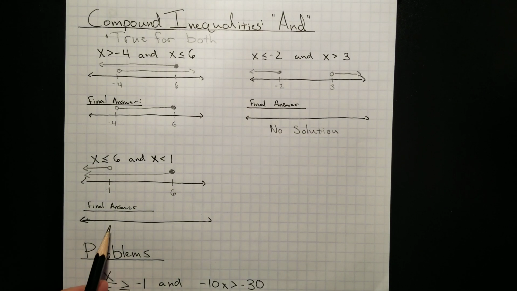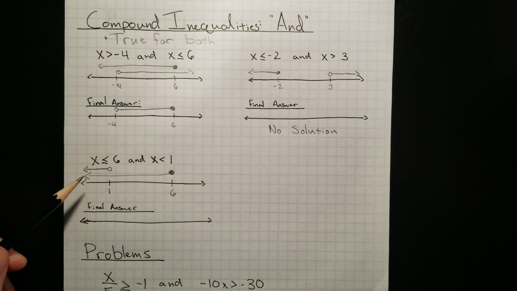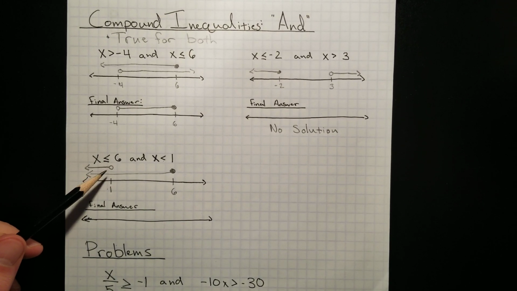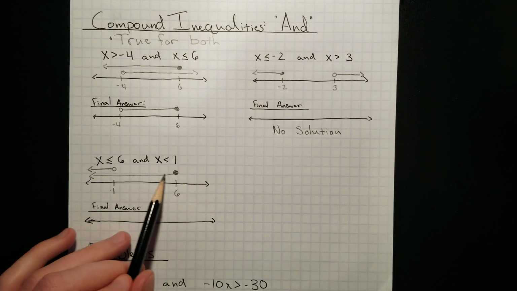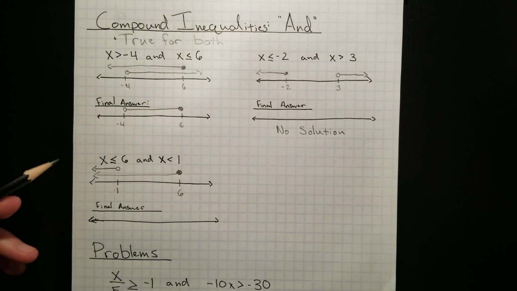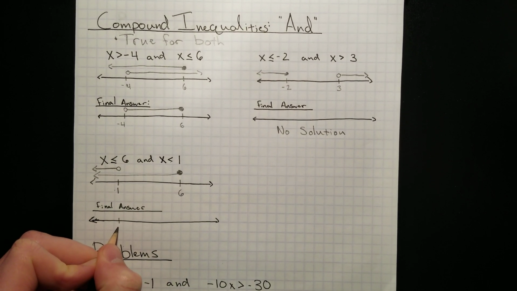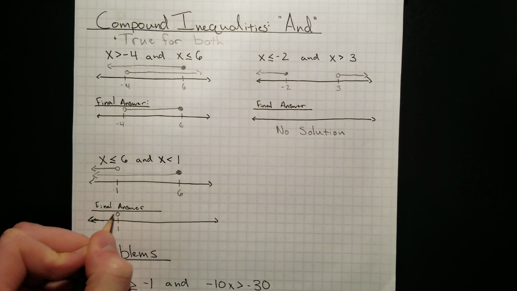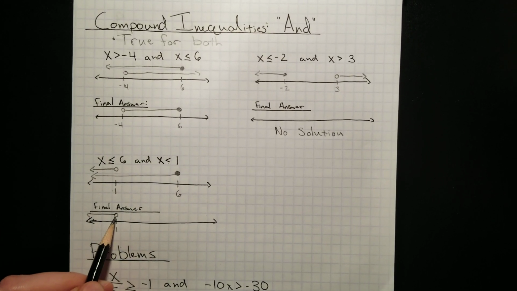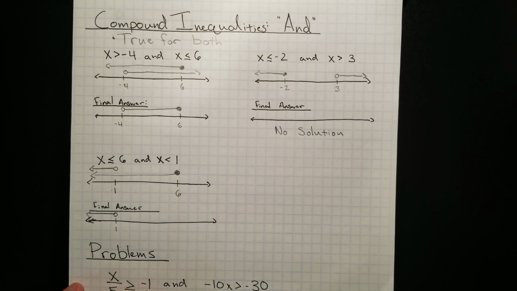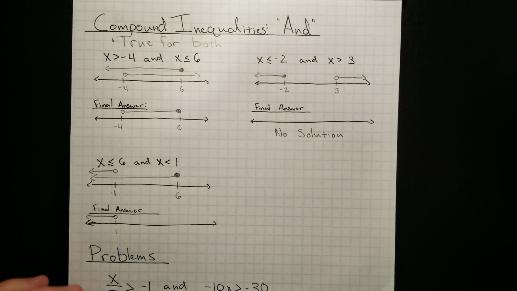In this case, we are going to figure out which part of this line is going to be true for both. So again, we want to figure out where they are crossing. Well, they don't cross here. There's only one line there, but they do cross right here. So if we put the line there, and we essentially just copy down that left line, not filling it in, that's going to be the final answer, because that is the place where it is true for both of them at the same time.